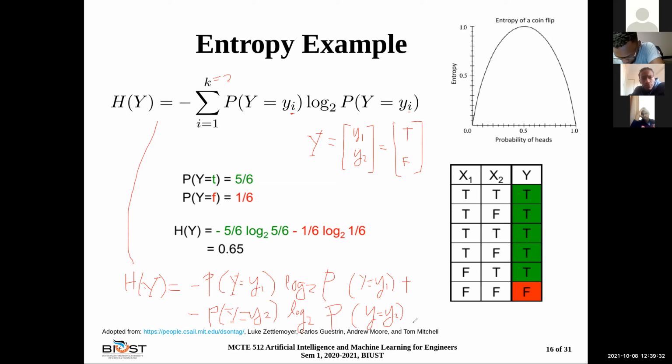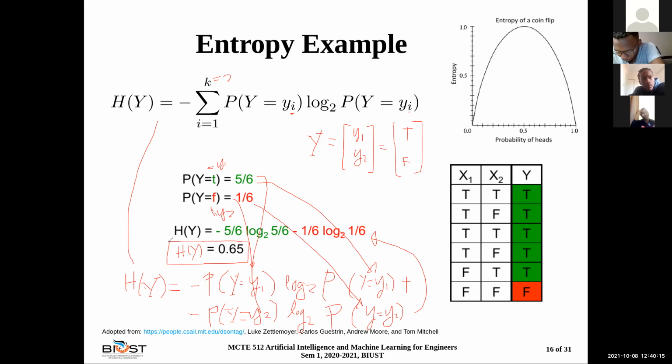Then we just substitute: this is 5/6, and this is 5/6, and this is 1/6, and that's 1/6. So the result is here, and then you compute your entropy H of the big Y.